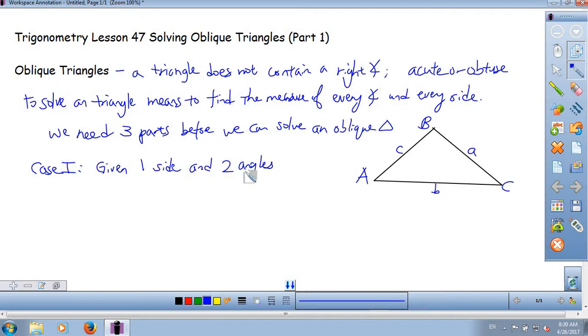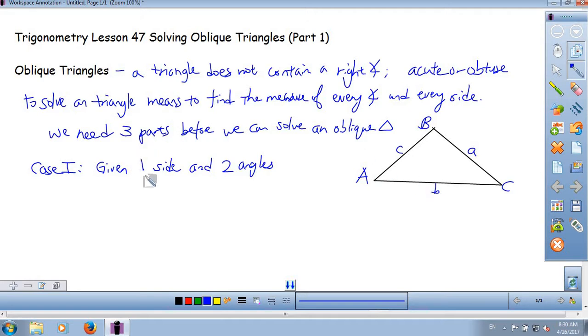So if we're given one side and two angles, we can be given angle A, angle B, and side c. That means it's two angles with one side in between them. Or it can be angle A, angle B, and side a. That means we are given two angles and the side opposite one of the angles. Or we can be given angle A, angle B, and side b. So two angles and then the side opposite one of them.